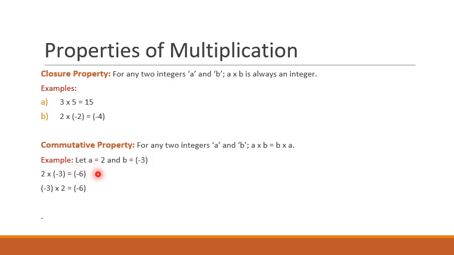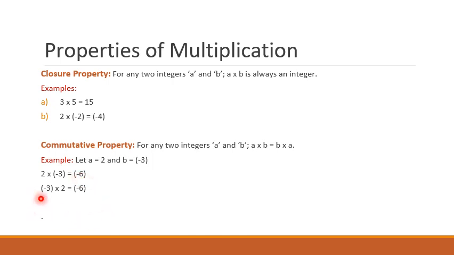So here I have taken a as 2 and b as minus 3. So if I write a, that is 2 multiplied by b, that is minus 3. So here we can see both have opposite sign. So answer will be negative, and 2 multiplied by 3 gives me 6. So answer is minus 6.